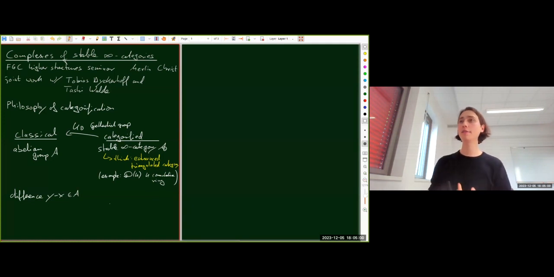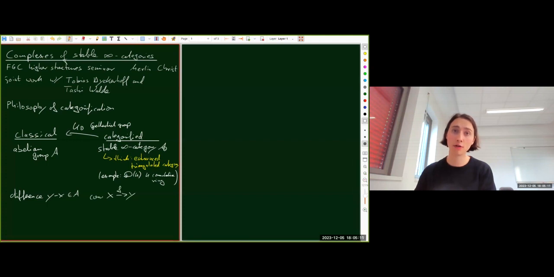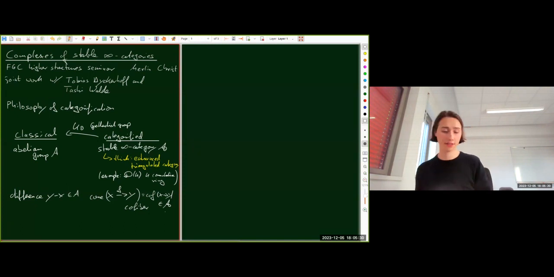You can't take the difference of 2 elements in a category. But what you can do is require there to be a morphism from X to Y, and then pass to the cone. The cone of a morphism between X and Y, we also call this the cofiber. This is an element in A, and this is a good categorification of the difference.